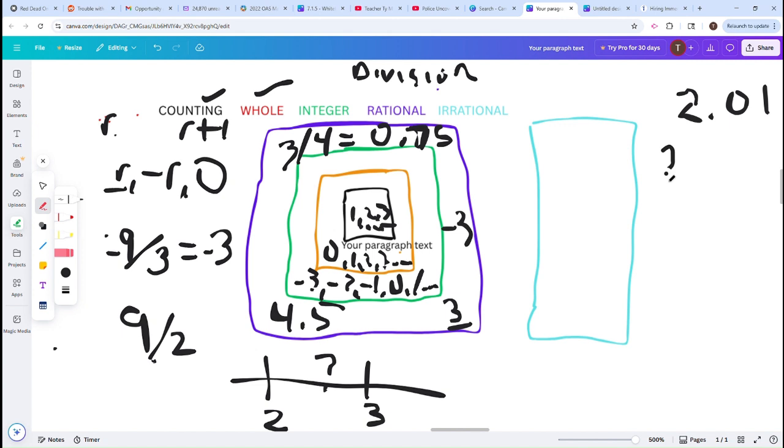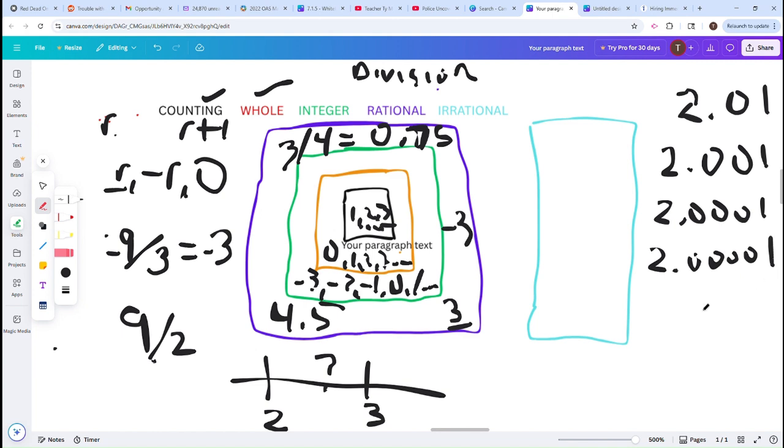Okay, well then we could do 2.001 and 2.0001 and 2.000001 and then 2.0000001. And we haven't even changed the number to 2, let alone 9 yet. We can add an infinite number of zeros in here and never stop.